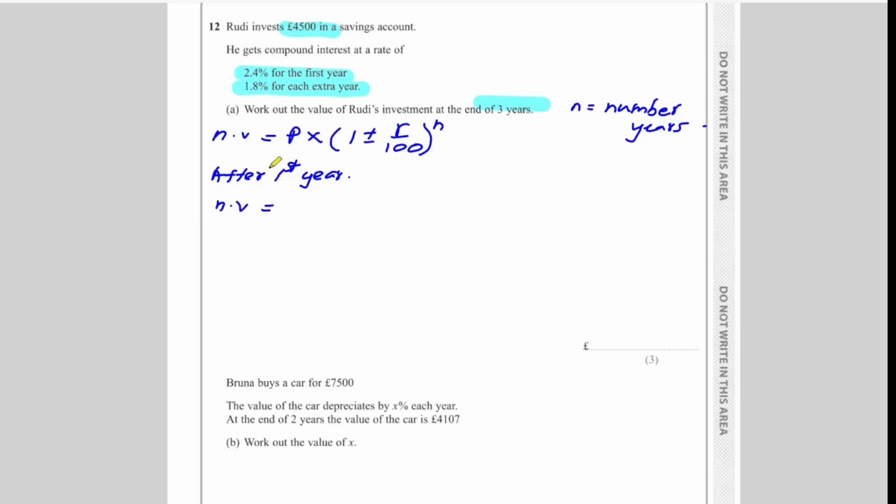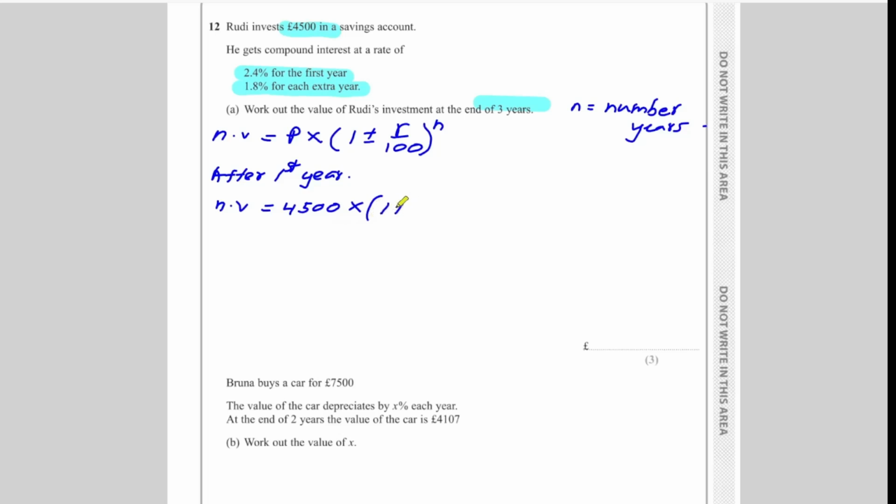New value equals the investment amount for the first year is 4,500. The old value becomes 4,500. This is the amount that the person was taking to the bank, the amount that one was starting off. Therefore, we are taking the old value as 4,500.